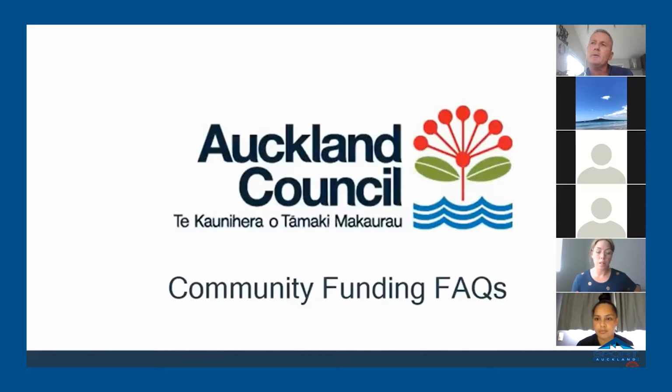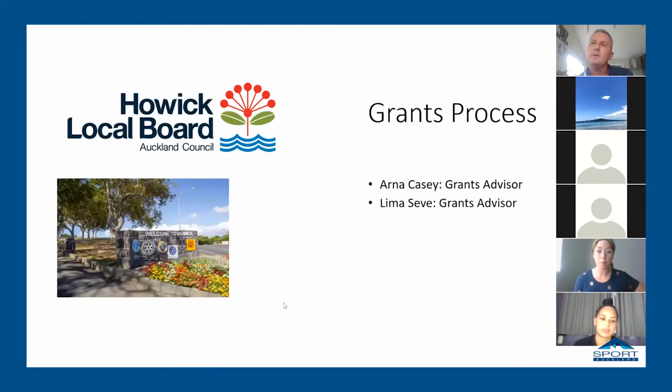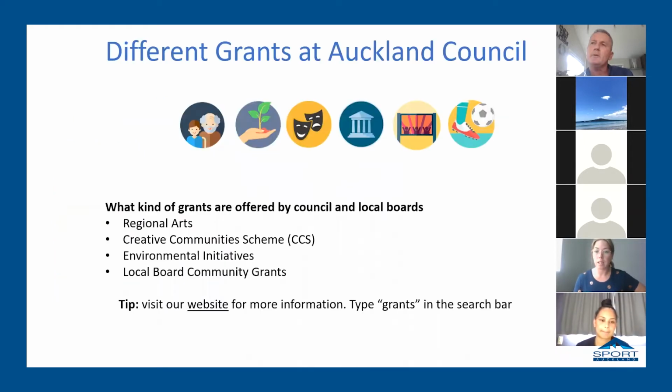Thank you. So I have a presentation to also show, if that could be put up, please. Perfect. Okay, so we'll start with the different types of grants at council.